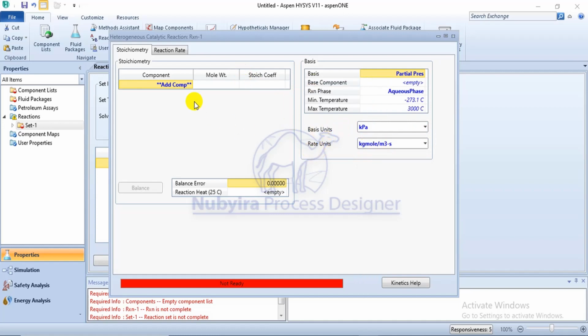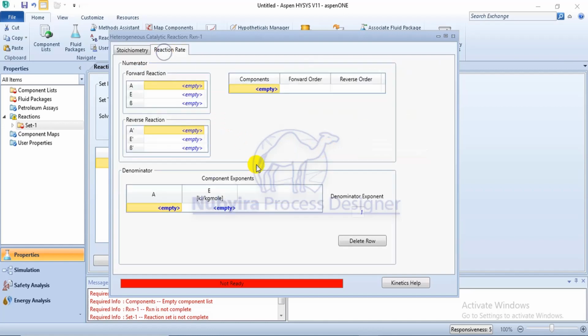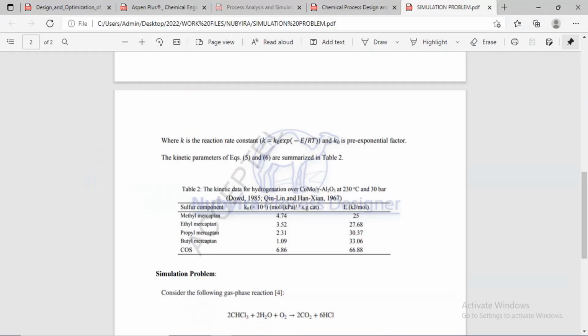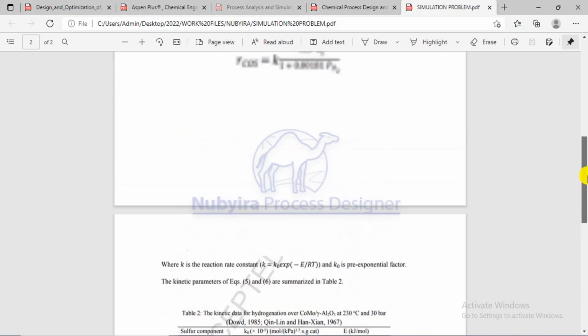Now we go back to the reaction rate. So I have told you what to specify here, right, for A and E. Now you have the components. For the components, you would specify the components of each of the numerator terms. Now let's go back to that.